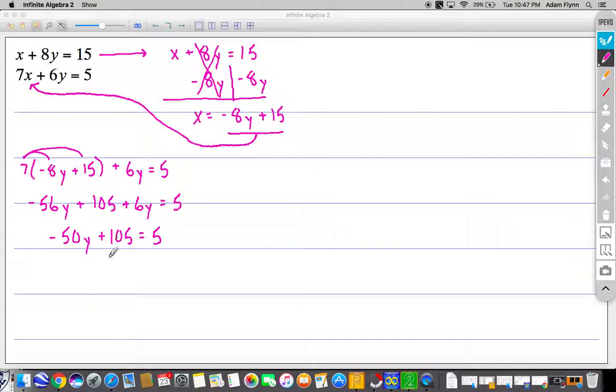So I'll subtract 105 from both sides. It'll be the first step in getting the y by itself. When I do that, 105 minus 105 cancels. So I get negative 50y equals 5 minus 105, which is negative 100.